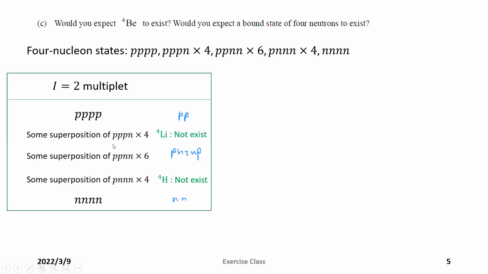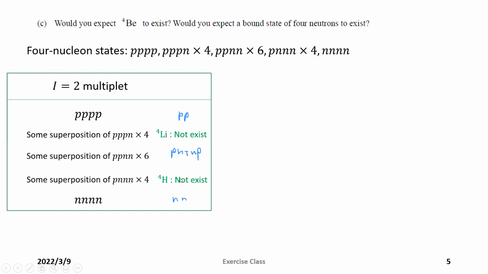And for the superposition of the PPPN, we know that it refers to lithium-4, right? Because lithium has 3 protons in it, so this will refer to lithium-4. And similarly, for this state, it will refer to hydrogen-4.